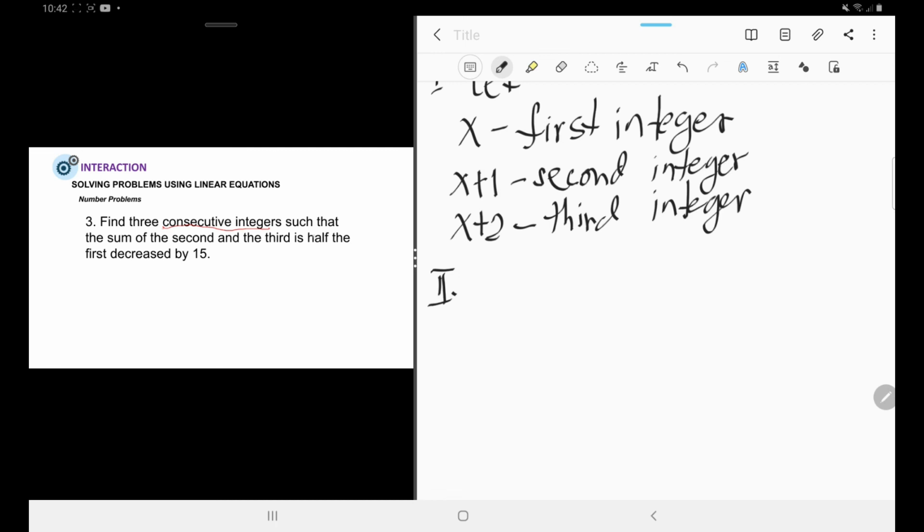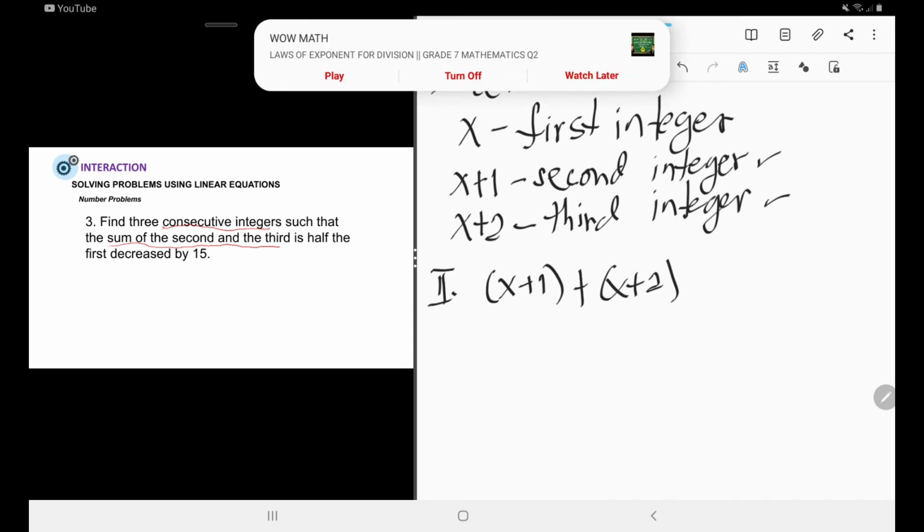Okay, it says here that the sum of the second and the third is half the first decreased by 15. So sum of the second and the third integer, so that should be x plus 1 plus x plus 2.